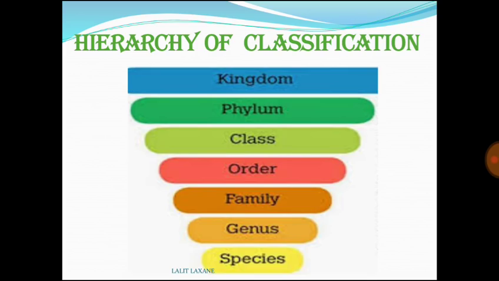Different scientists have used different criteria and independently classified plants and animals. A hierarchy is formed in the classification that starts with kingdom Animalia or kingdom Plantae. Further groups and subgroups are formed depending upon basic similarities and differences. This is called hierarchy of classification.